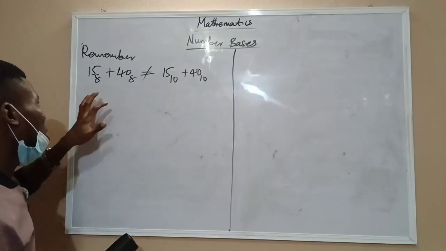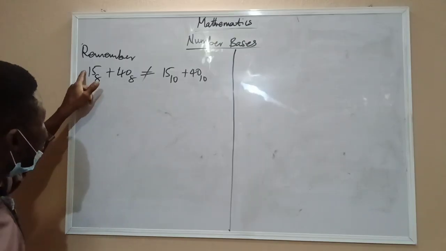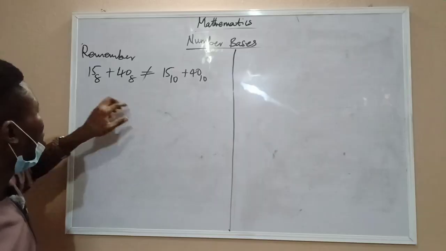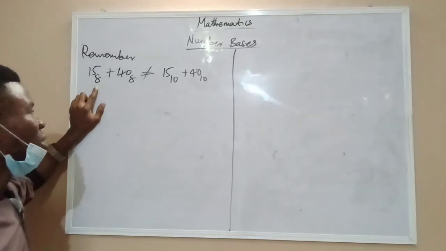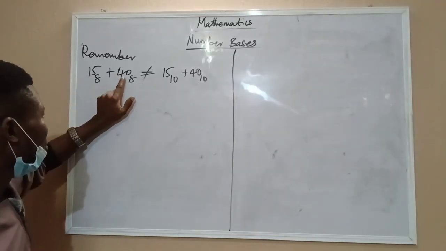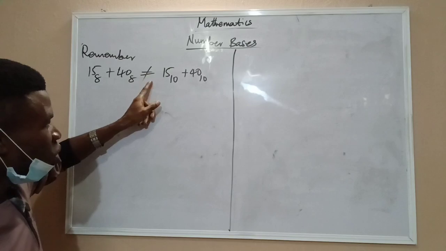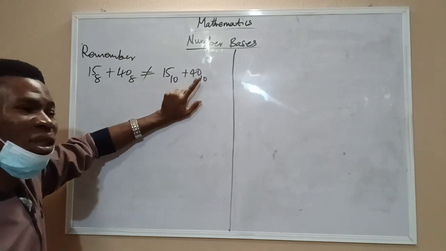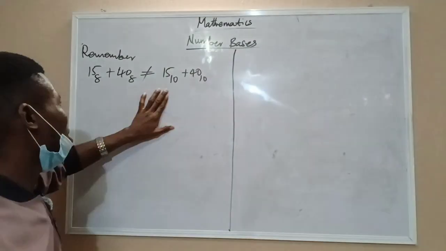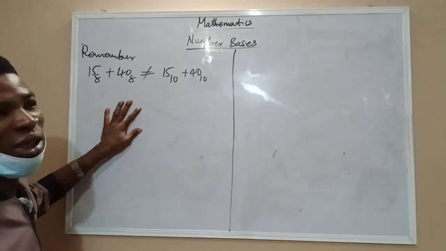You get what I'm saying? Though they are 15 and 40 in both cases, the base alone has changed the whole thing. They are not equal to 15 base 10 and 40 base 10. These are two different numbers, and they will give you two different answers.